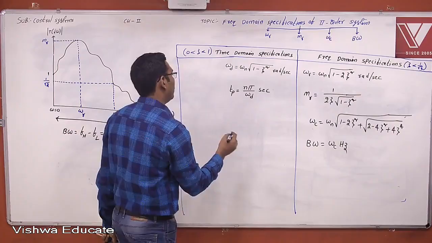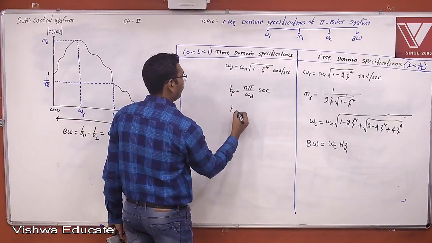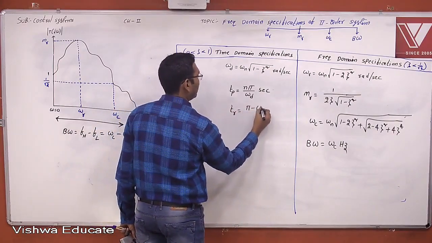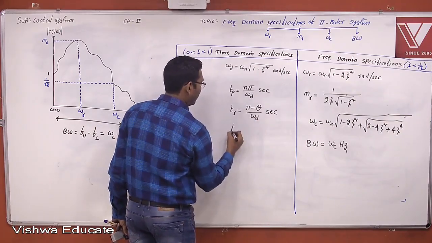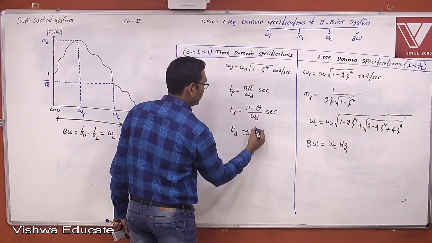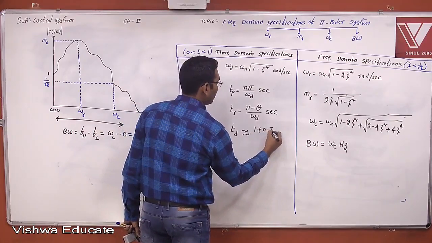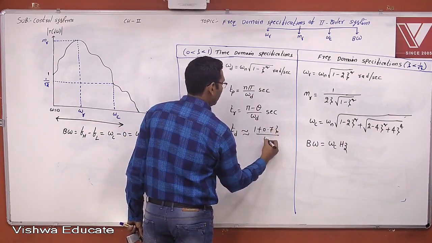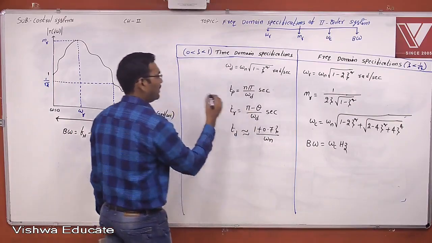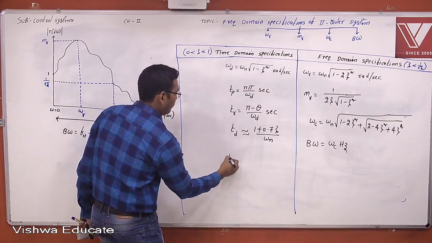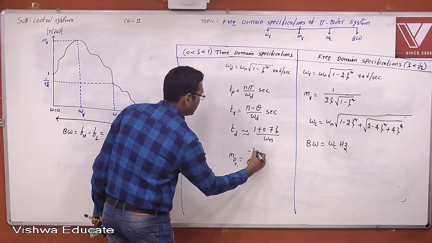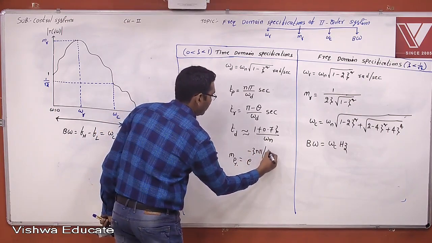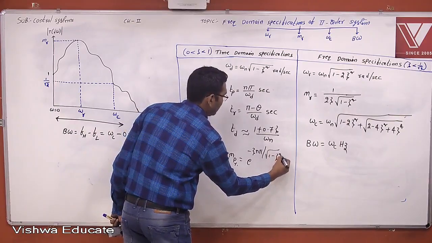Now here the rise time is equal to pi minus theta by omega d seconds, and delay time is nothing but 1 plus 0.7 zeta by omega n. These are the time domain specifications. The peak overshoot is equal to e power minus zeta n pi by square root of 1 minus zeta square.